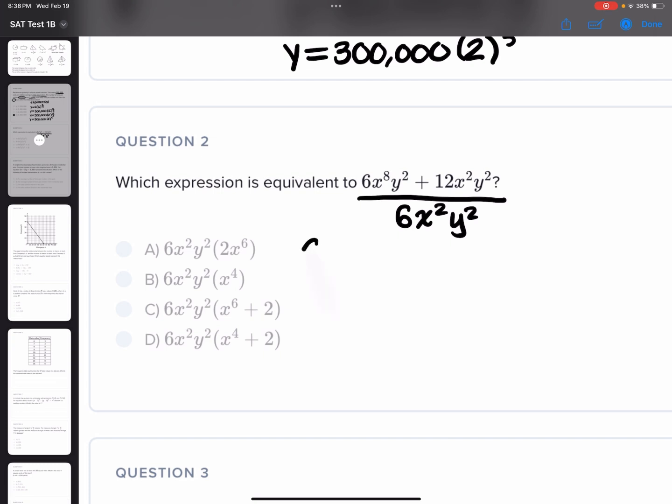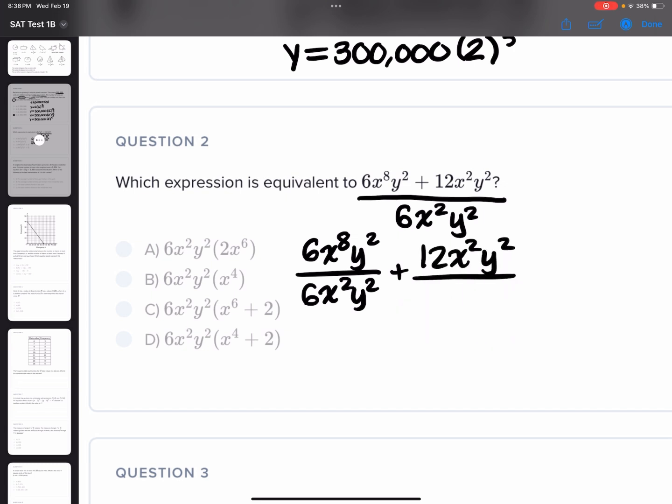So it'd be 6x to the 8th y squared over 6x squared y squared plus 12x squared y squared over 6x squared y squared, right? This is pretty simple, and remember, you can only divide the entire term by those parts that have the same base as it, right? So you can't just divide 6 by y squared and call it a day. You can't really do that, okay?